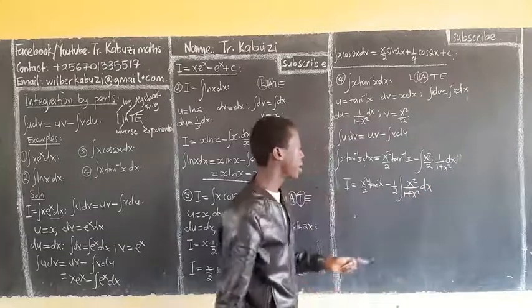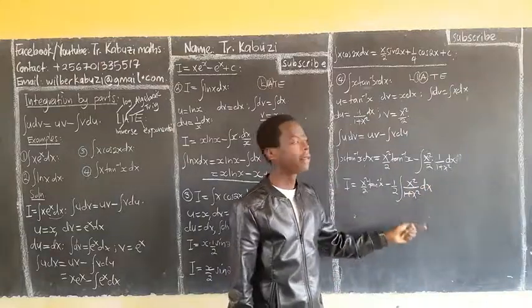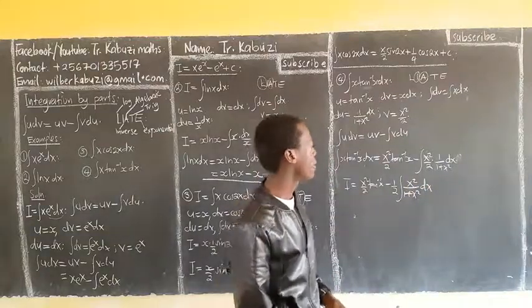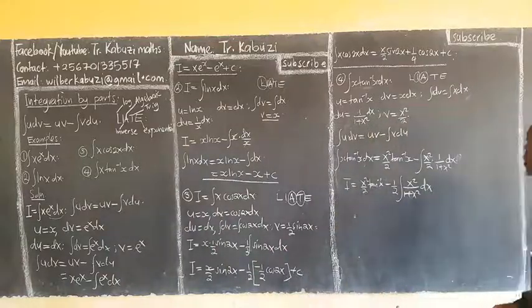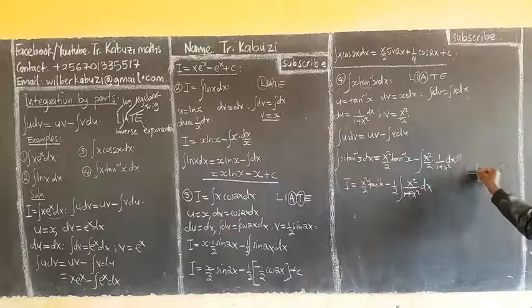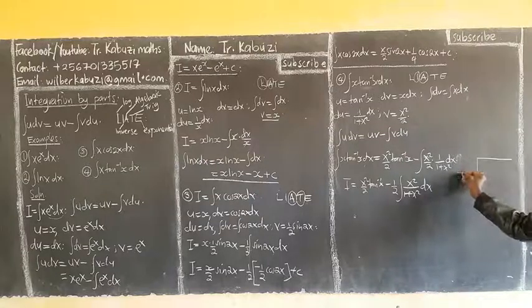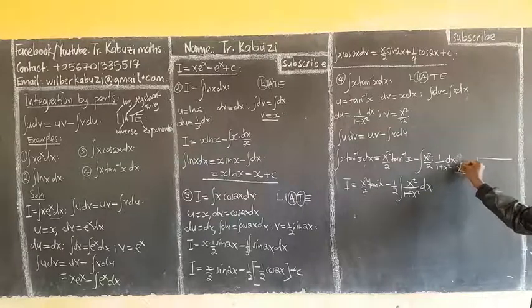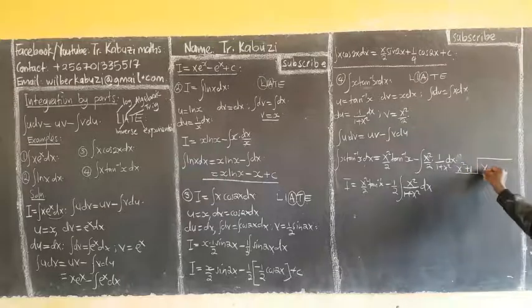Now we see that this integral is improper. We first use long division. If I use long division here, I have the divisor x squared plus 1, and I'm dividing x squared. So 1 times this, then subtract.